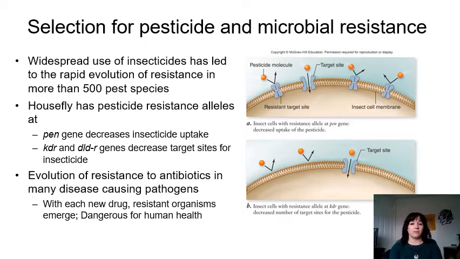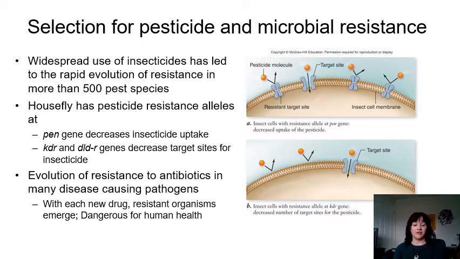Human scientists have come up with a variety of different insecticides and pesticides to help kill bugs, whether out in your fields or in your house, in your neighborhood. And over time, certain individuals of these bug species that have some type of allele that provides resistance are going to increase in number.